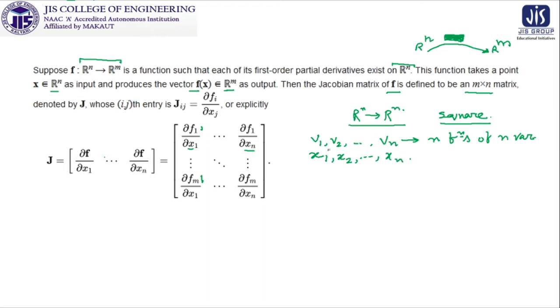Then the Jacobian denoted, just m and n are equal, is given by this.